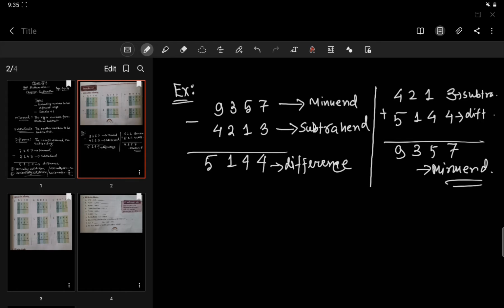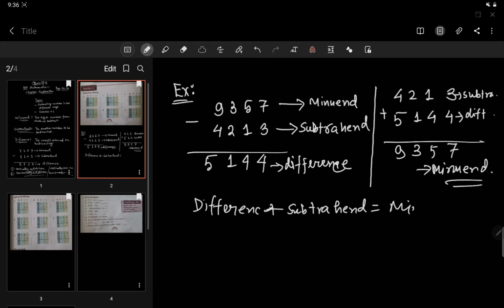Clear? So what I have learned: difference plus subtrahend gives you the minuend. Clear? Minuend.